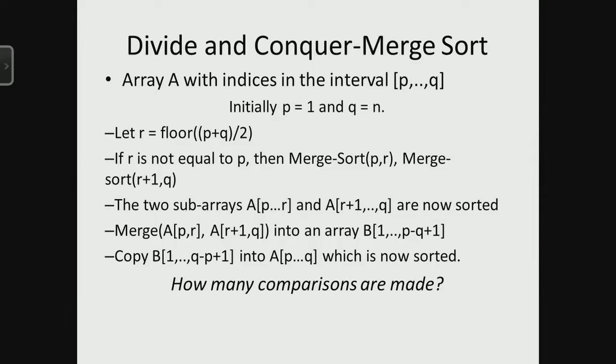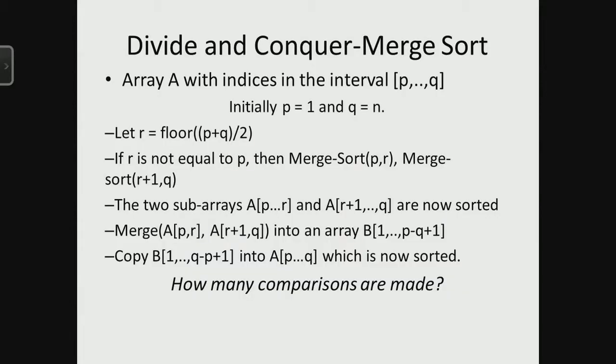In this case, we do something similar. We create 2 subproblems of almost equal size, sort the 2 subproblems recursively, and then merge the sorted arrays. So, this is the whole idea. This is the divide and conquer paradigm, and this is what merge sort does.